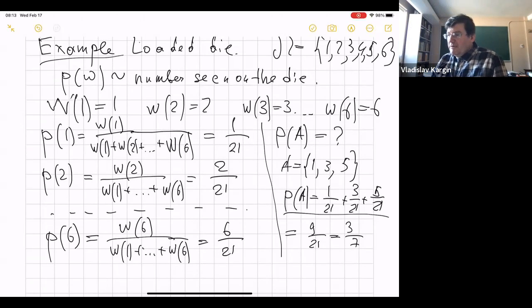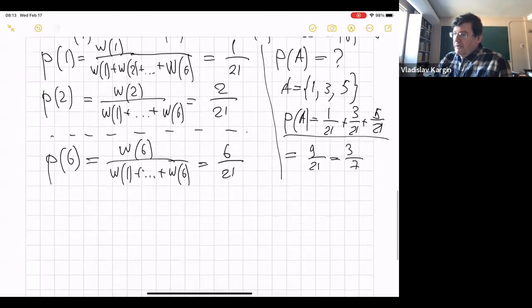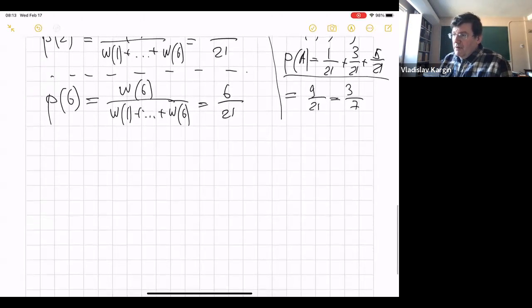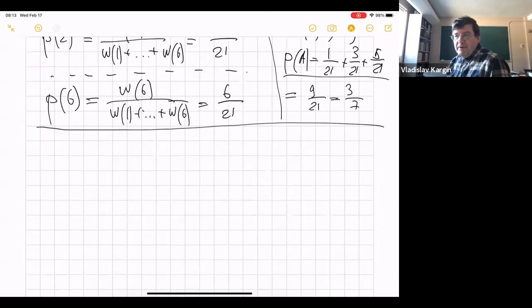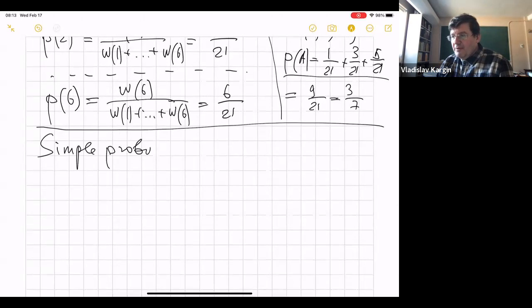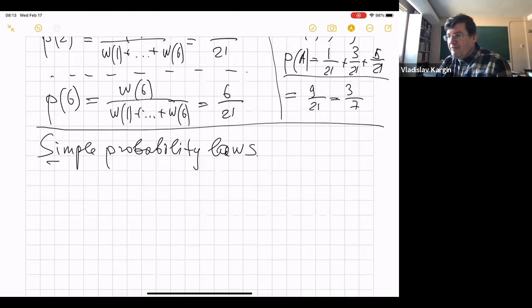Now let us get back a little bit to the material in the textbook, and look at the simple probability laws. What consequences can we get from the axioms?